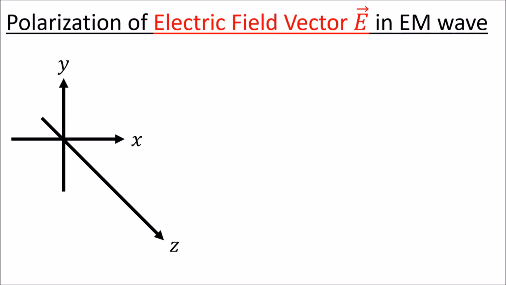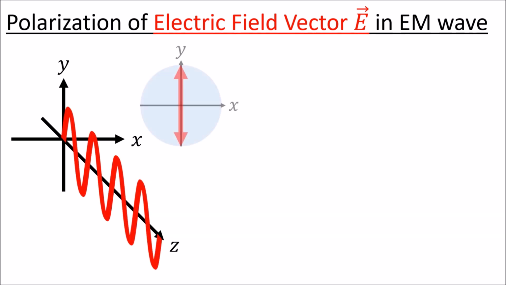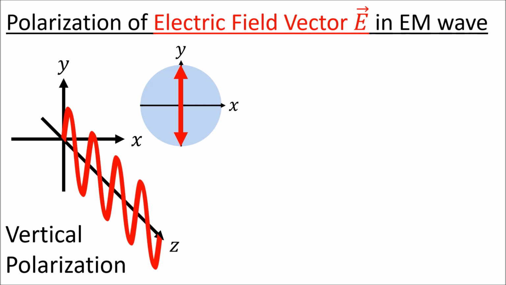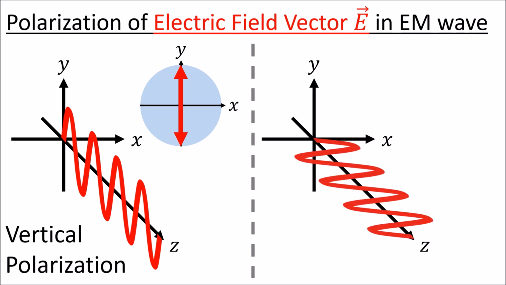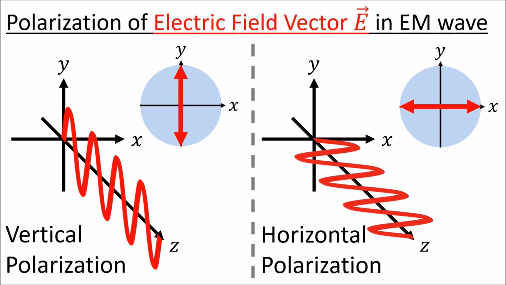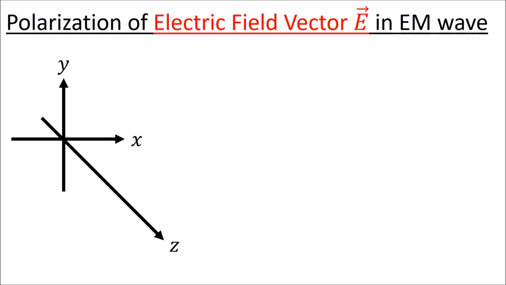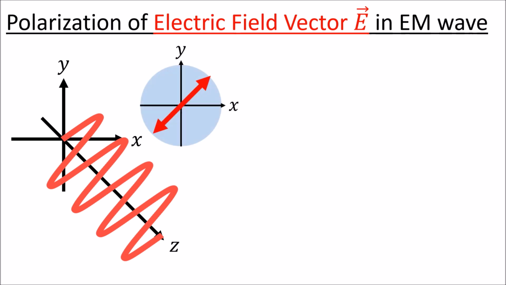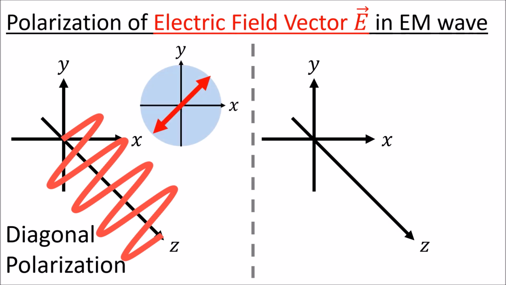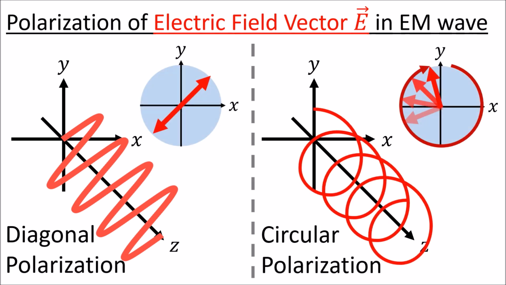For example, the electric field in electromagnetic waves can oscillate vertically, which is called vertical polarization, or oscillate horizontally, which is called horizontal polarization. These two polarizations combined together in different amounts and different phases can give rise to other polarization types, like diagonal polarization or circular polarization.